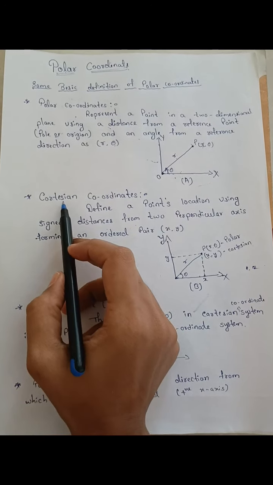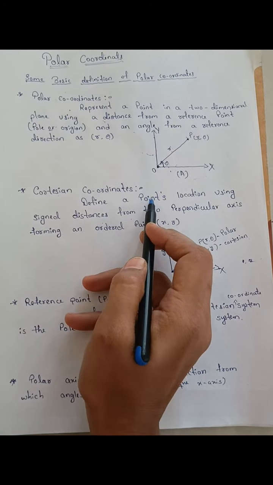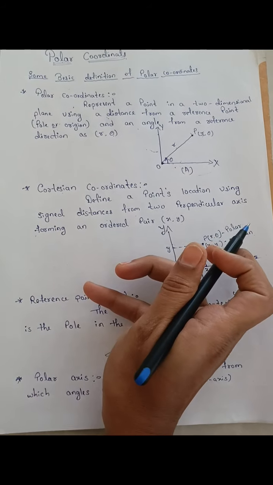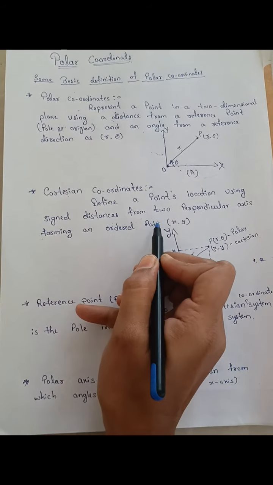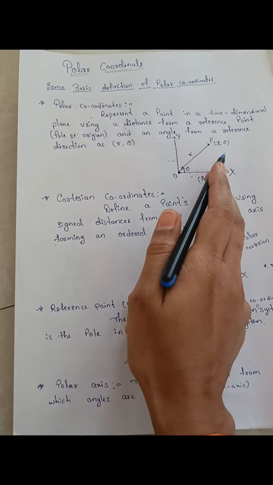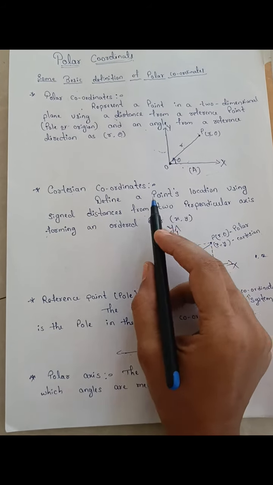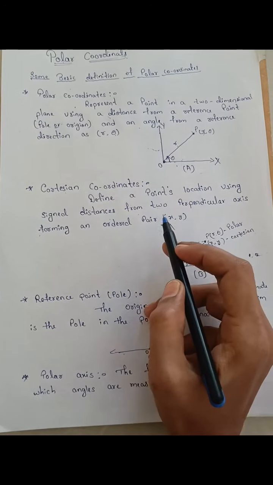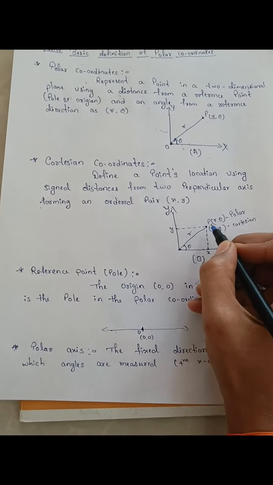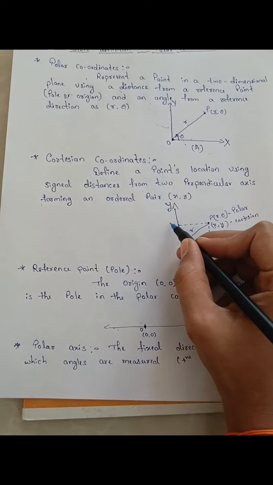Another definition is Cartesian coordinates. Cartesian coordinates are defined as a point location using signed distance from two perpendicular axes, forming an ordered pair (x, y). Here it is (r, theta) in polar coordinates, and (x, y) in Cartesian coordinates. So here a point location using signed distance. A point means a point P which is located at a distance from two perpendicular axes.